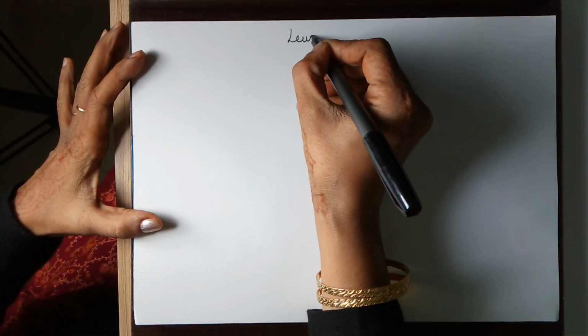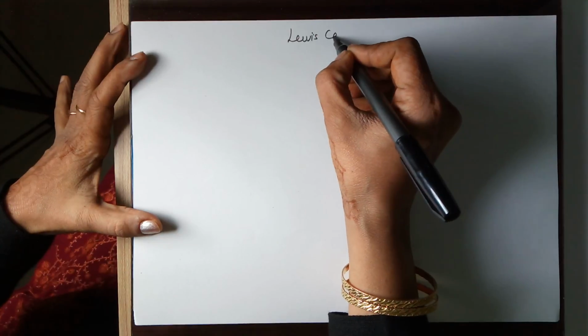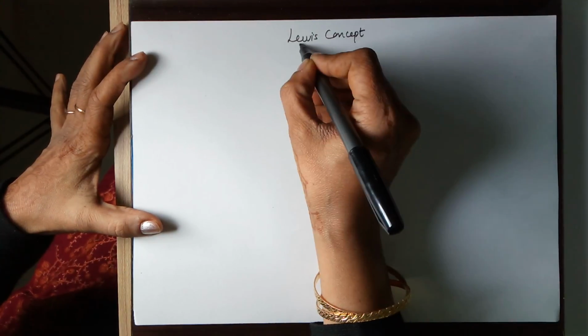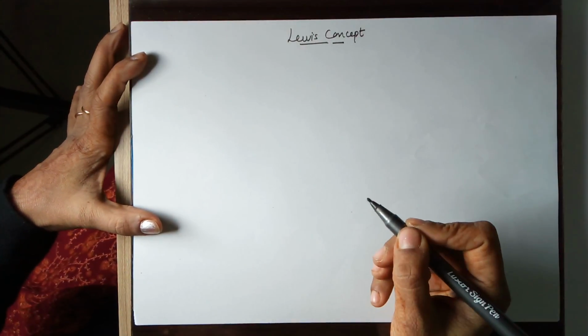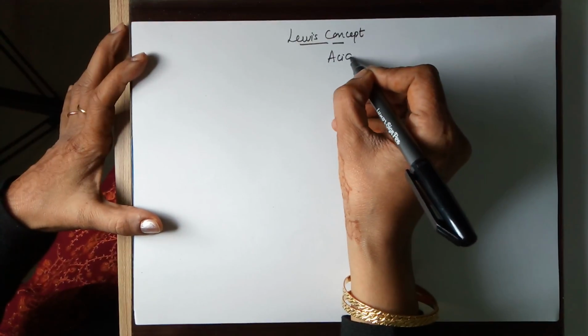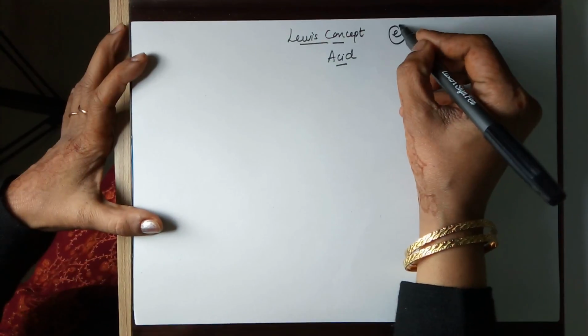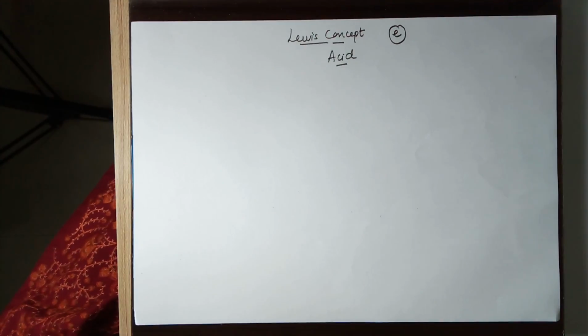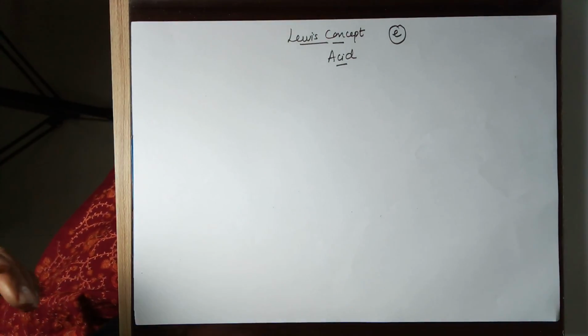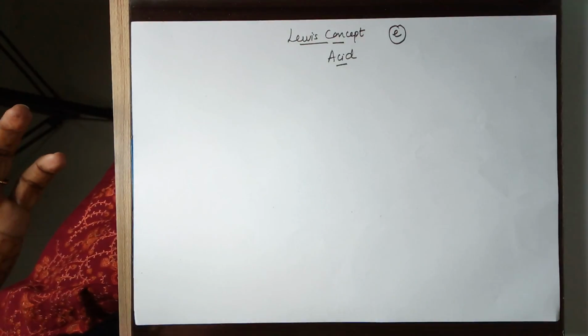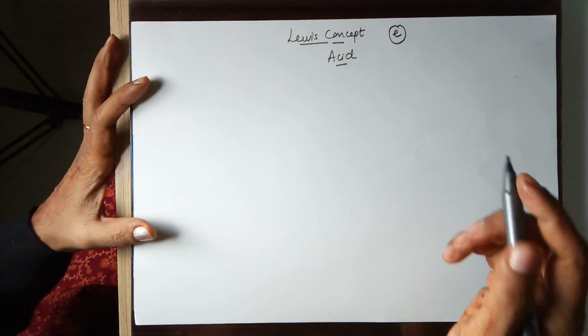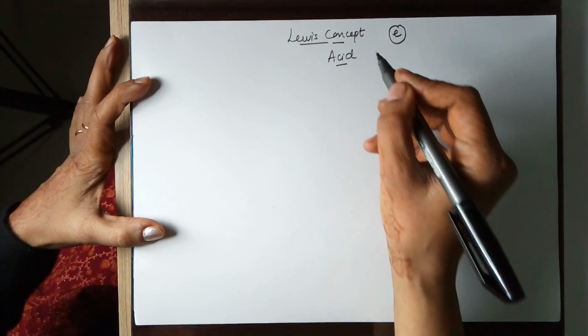In today's class, we would be talking about the Lewis concept of acids and bases. Now, according to this concept, this is an electron-oriented concept. Everything that we decide about the identity being an acid or a base would be on the basis of an electron.